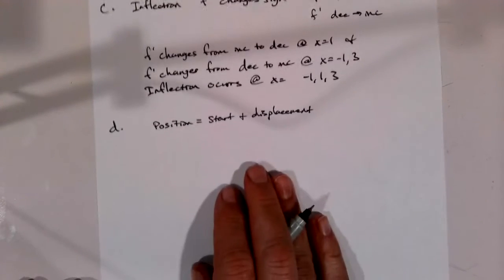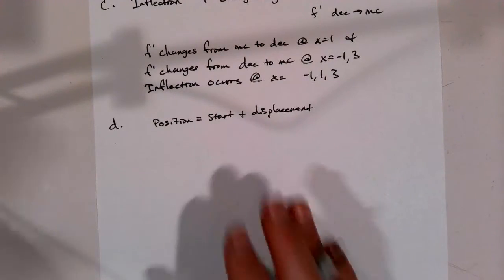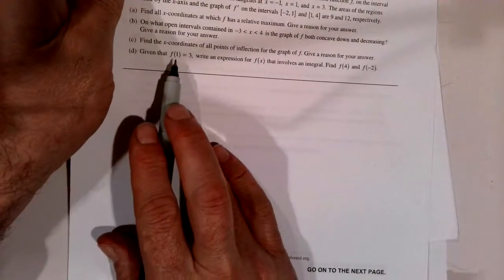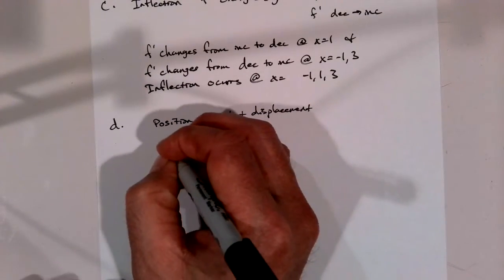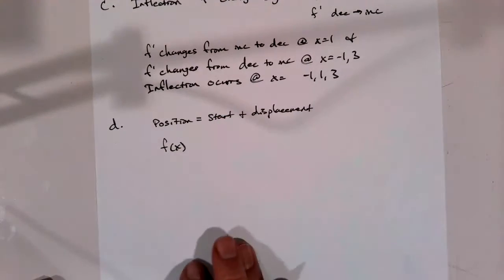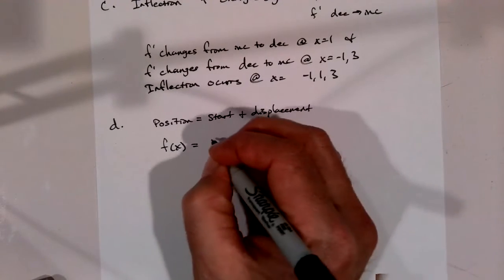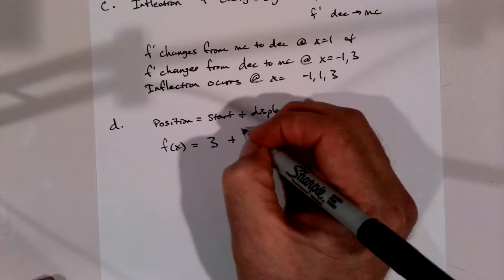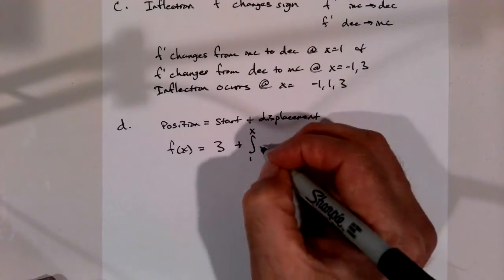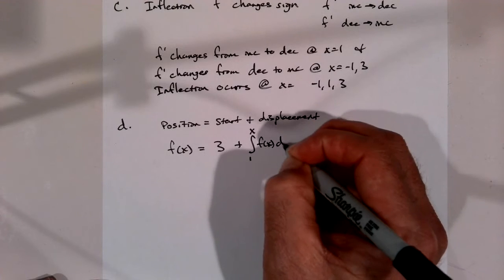That's what we're thinking of in this scenario, okay? So that means when it starts at 1, it has a position of 3, and the integral is that displacement thing. So f of x, the position of the function, is equal to its start, which is 3, plus that integral beginning at 1, wherever it stops, of f prime of x dx.